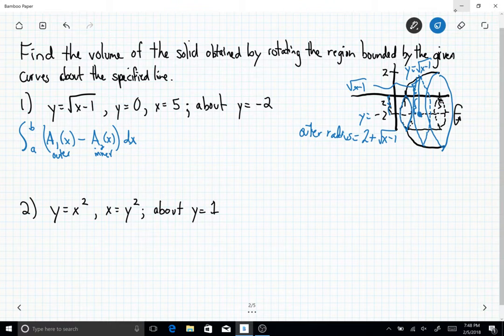So that means this A1 of x, when we did that, needed to be the integral from, notice we're 1 to 5 again, and we get pi times this radius, so 2 plus square root of x minus 1, take that quantity and square it. That's the outer. Now the inner function, notice that is just a distance.